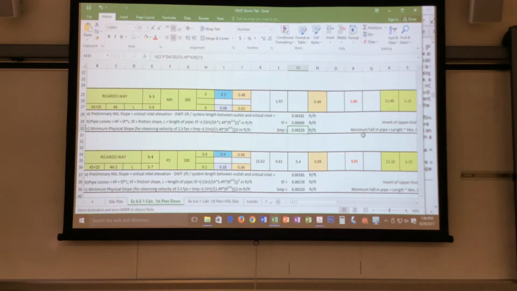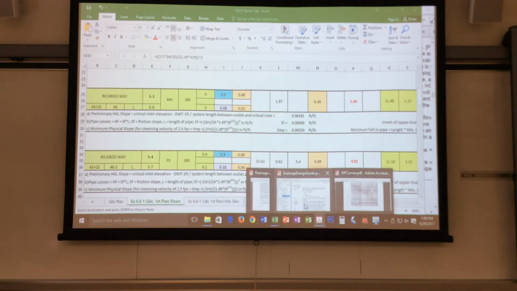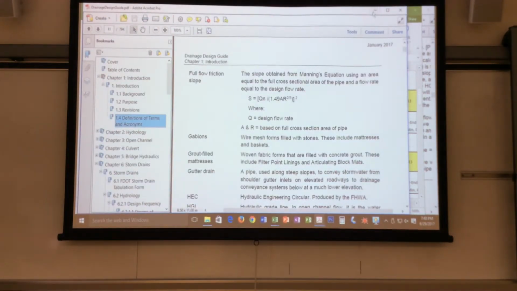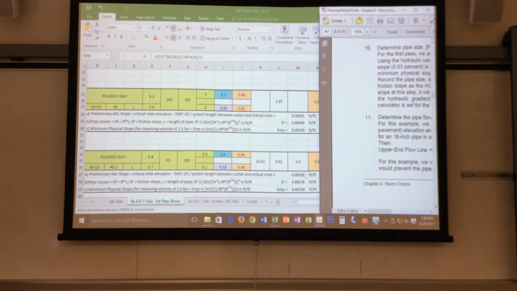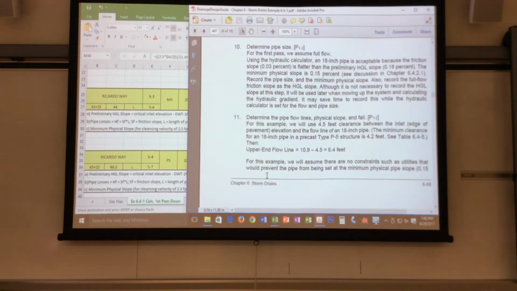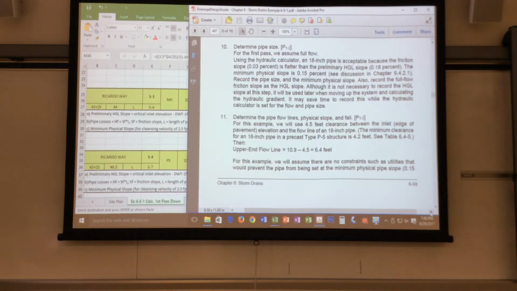All right, now, oops, wrong one. So it says, for this example, we'll assume there are no constraints such as utilities that would prevent the pipe from being set at the minimum physical slope of 0.15.